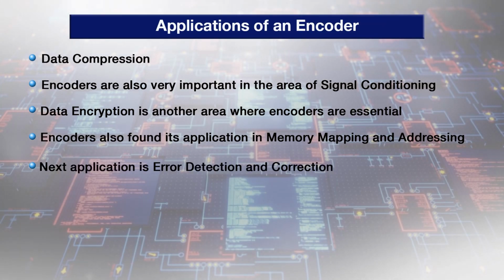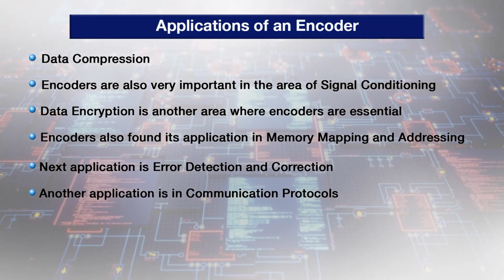The next application is error detection and correction. Some encoders are designed to add redundancy to data, allowing for error detection and correction during transmission and storage. This is essential in data communication and storage systems where data integrity is critical.